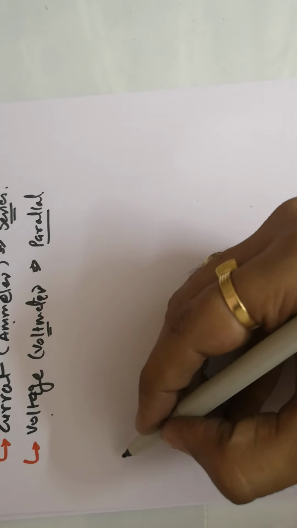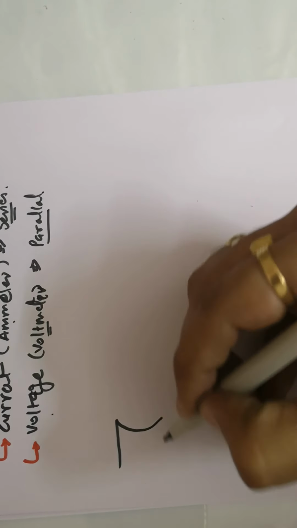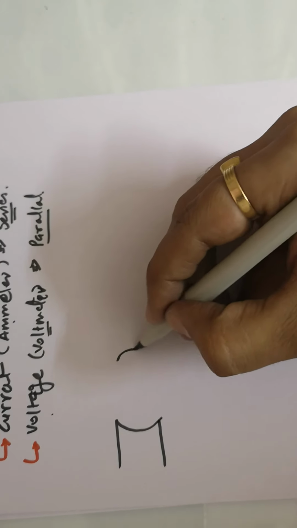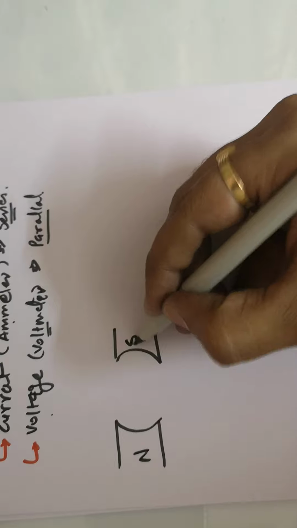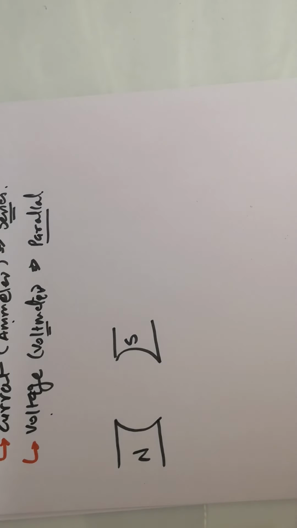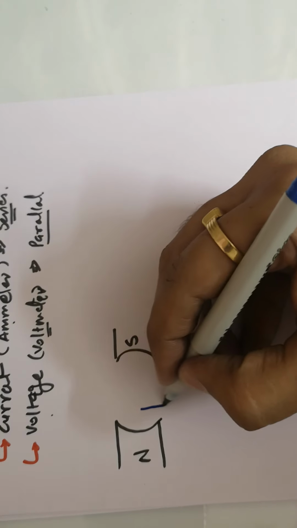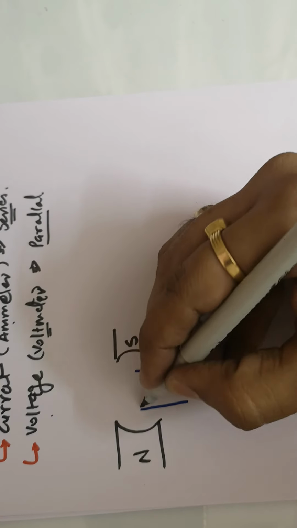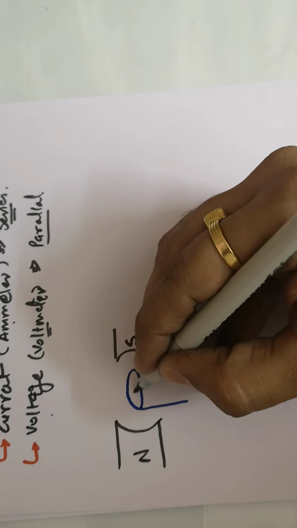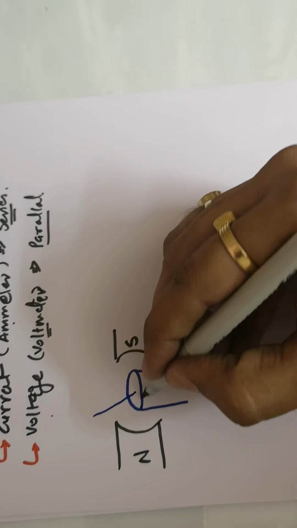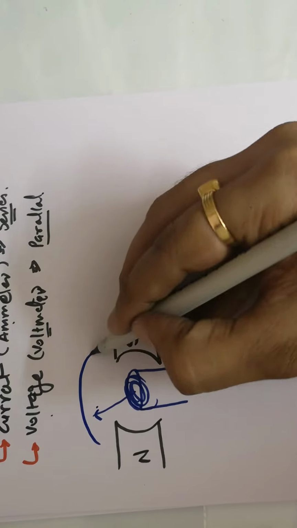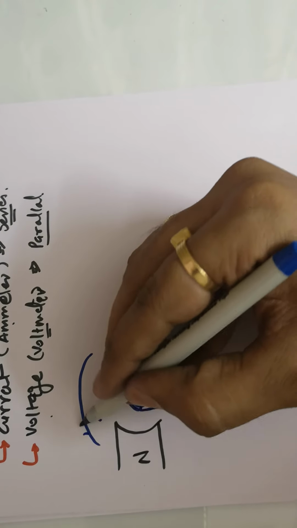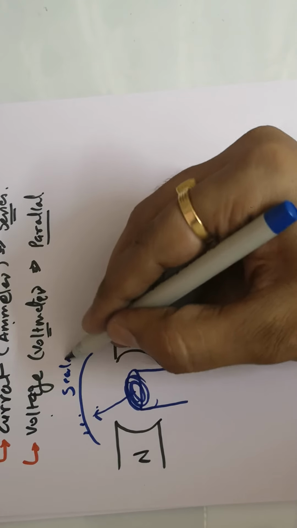But first, let's see the primitive construction of our galvanometer. A galvanometer is a very primitive device. Let's say we have a magnet with north pole and south pole, and a cylindrical arrangement around which a coil with a number of turns is wound. It has a pointer which indicates numbers on a scale.